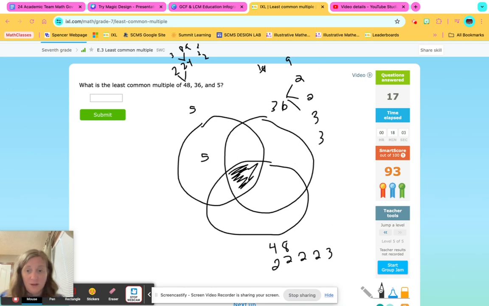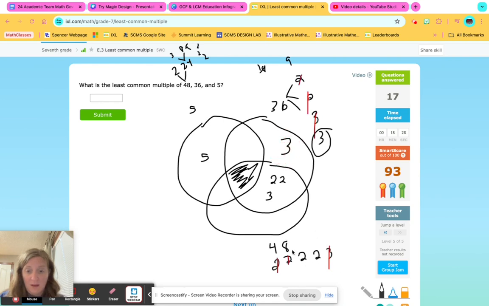So in this particular case, I'm going to start listing what they have in common. I've got the two 2's and one 3. So here I'm going to write those numbers. Two 2's and one 3. Okay? And then what they have left, the 36 has one 3 left.